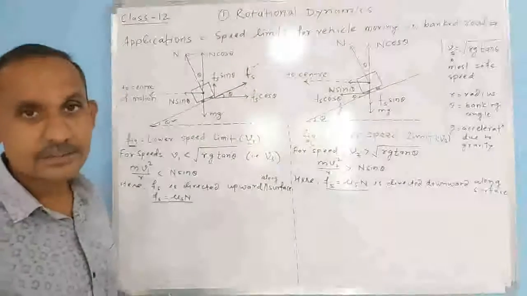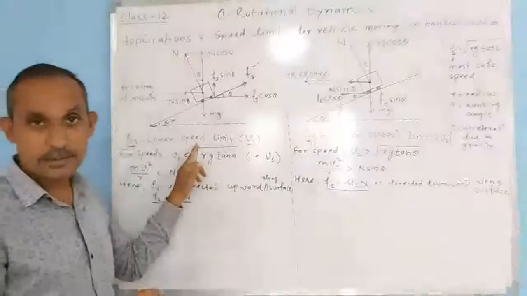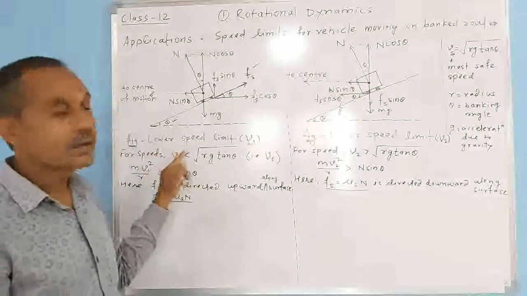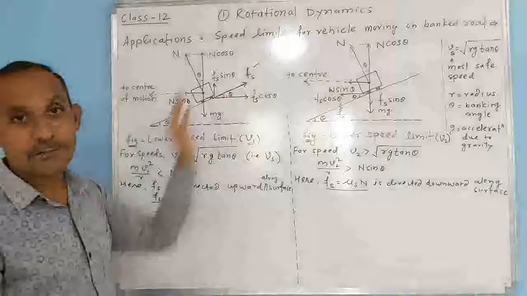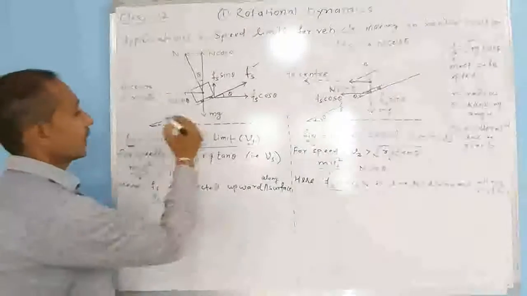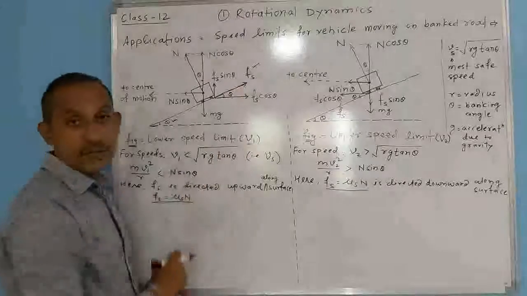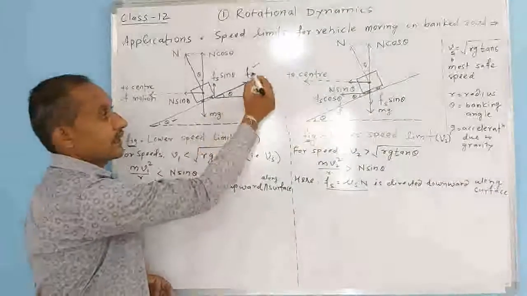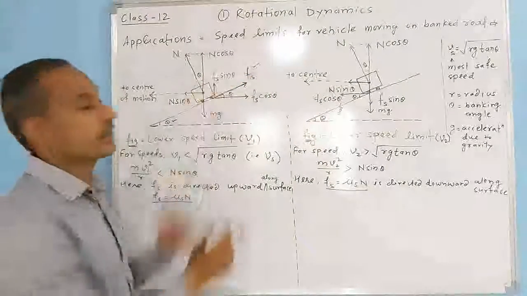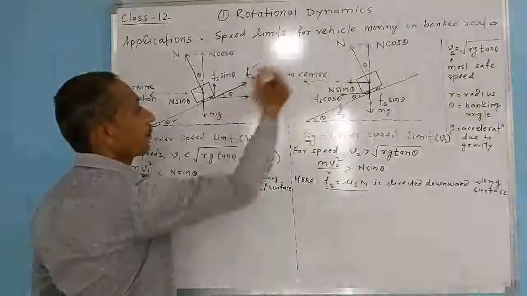We get this force when the vehicle moves with the lower speed, in such a way that the direction of the frictional force always lies along the direction of the surface. This is the direction of the surface, and it is always present along the surface, but directed upwards.